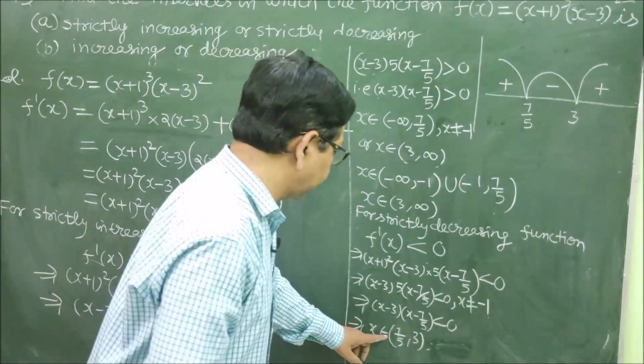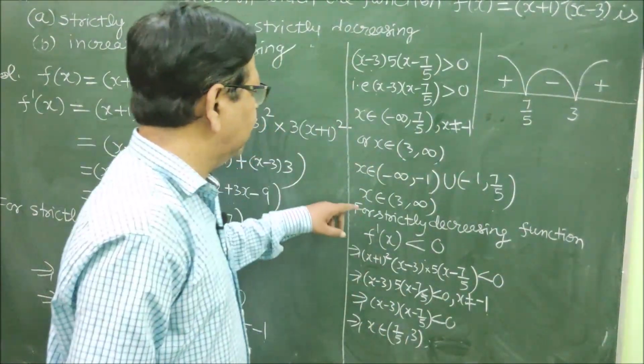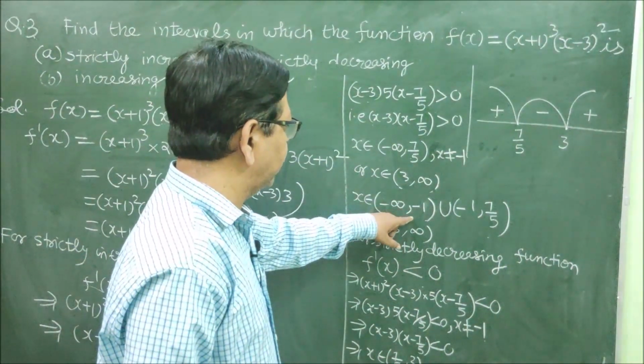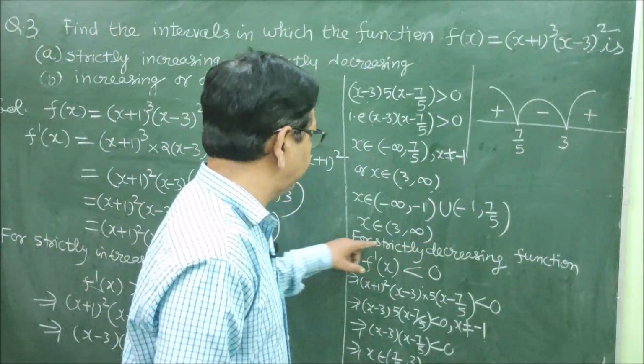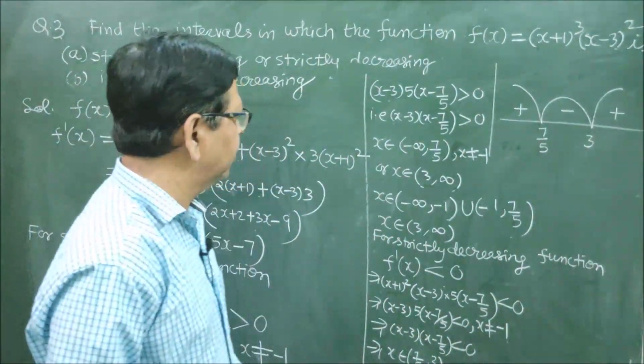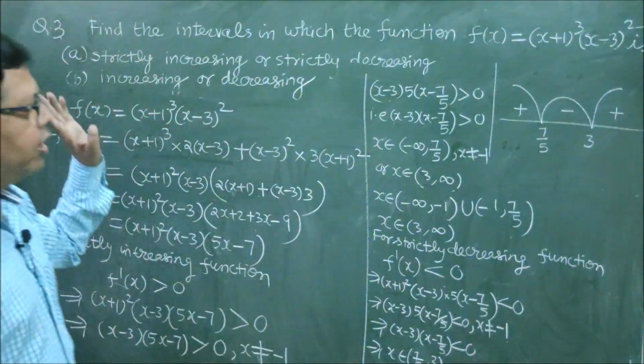So in the interval (7/5, 3) the function is strictly decreasing, and in the intervals (−∞, −1), (−1, 7/5) and (3, ∞) the function is strictly increasing.